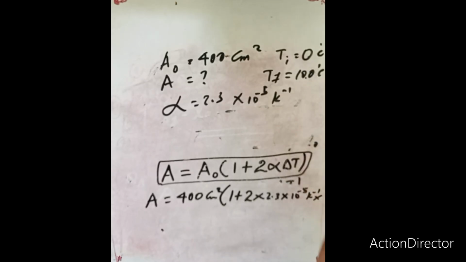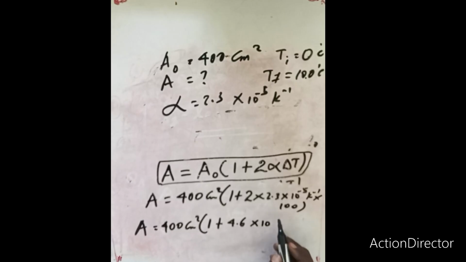Final minus initial, the change is 100. So A is equal to 400 centimeters square times 1 plus 4.6 times 10 raised to minus 5 times 100. So this area will be 400 centimeters square times 1 plus 4.6 times 10 raised to minus 3.